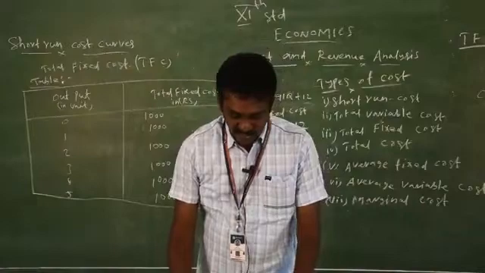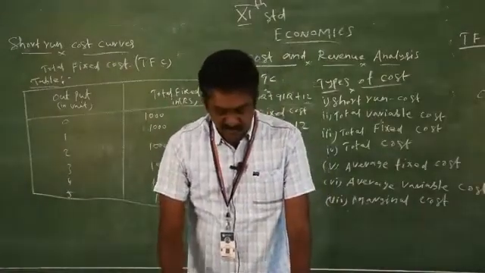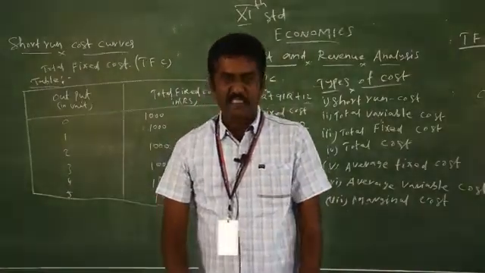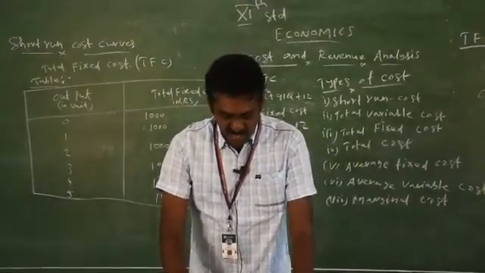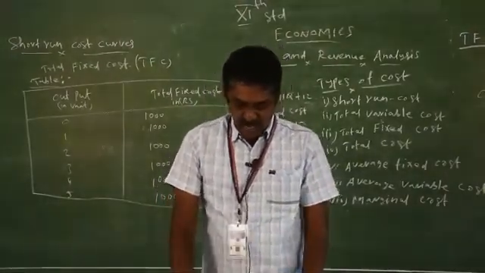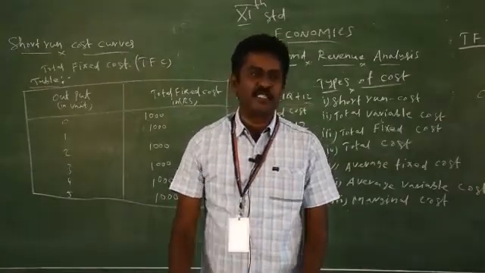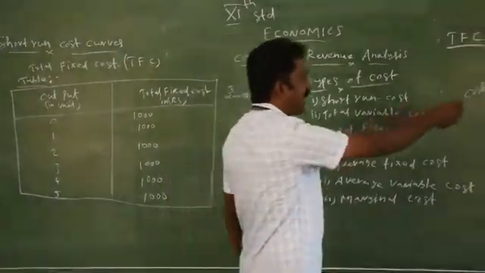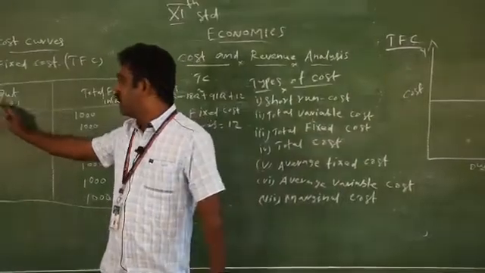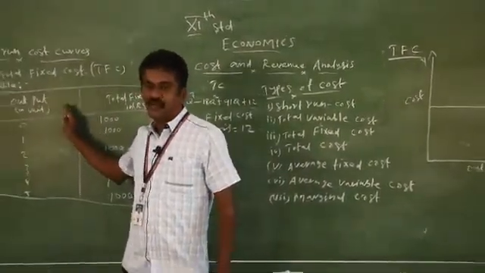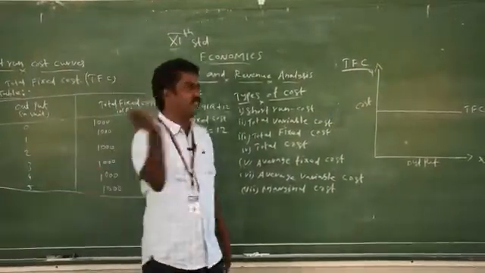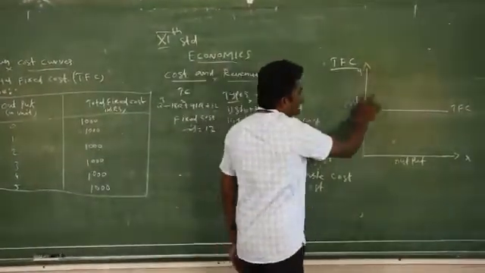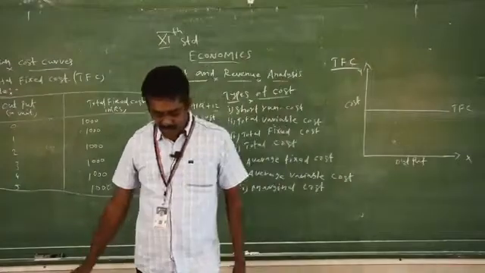Total fixed cost is shown in the table. I have written the table about the total fixed cost, and it is explained by a diagram. So I will explain now.